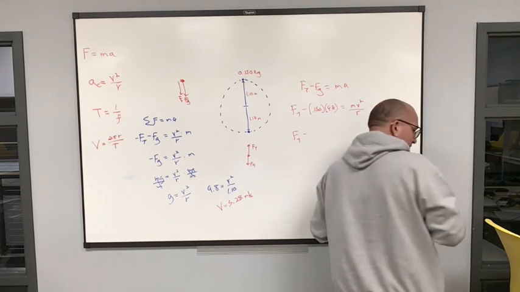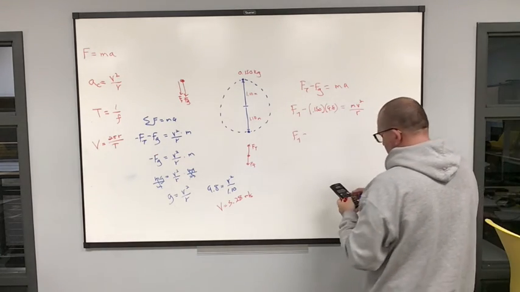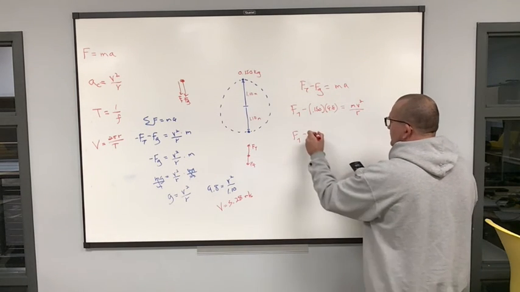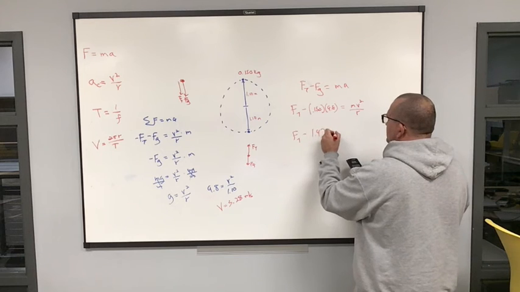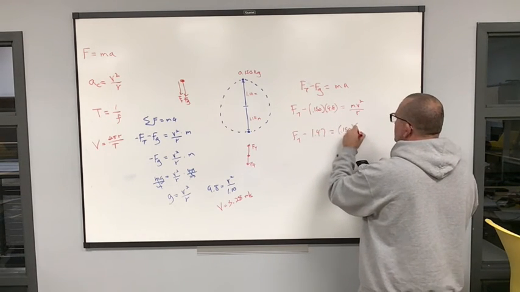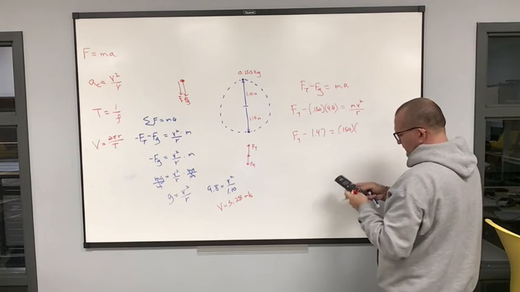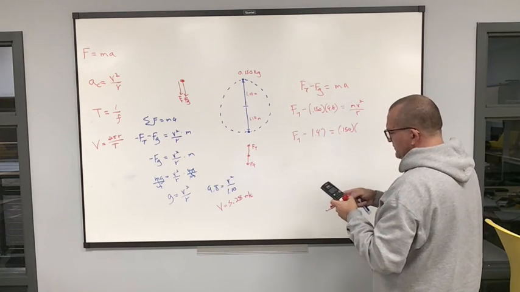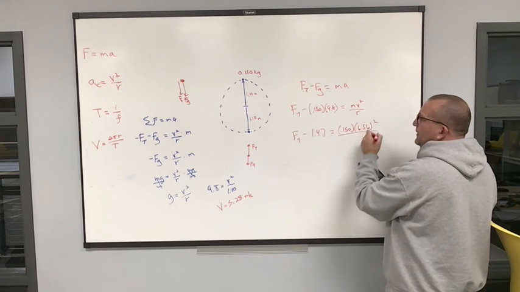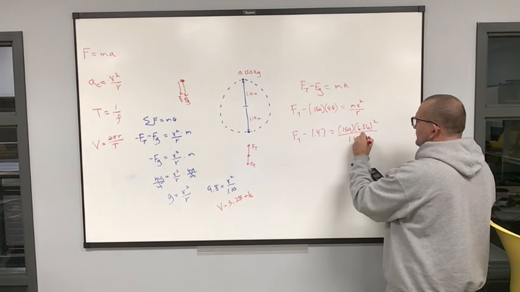Ft minus 0.15 times 9.8, which gives me 1.47, equals 0.150 times 3.28 times 2, which is 6.56, squared, over my radius of 1.10 meters.